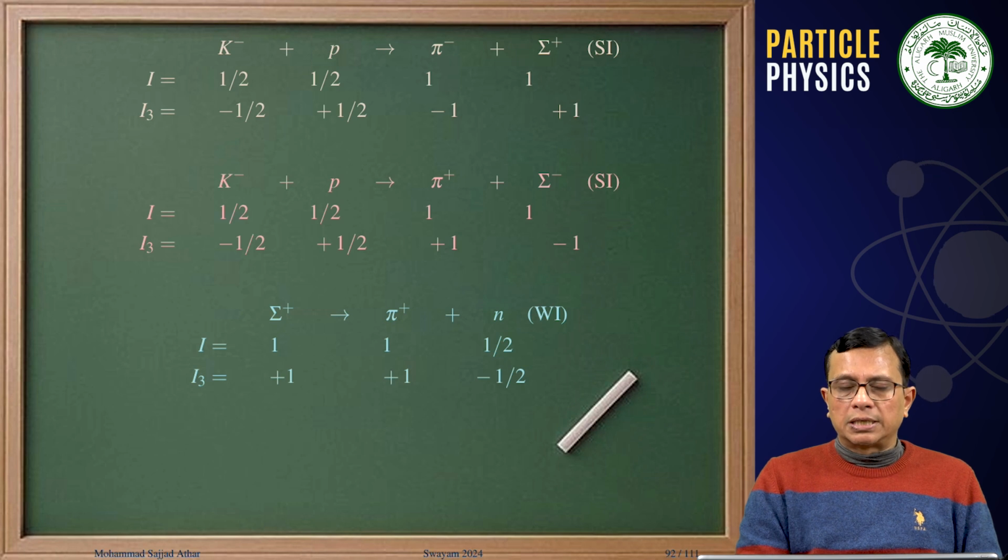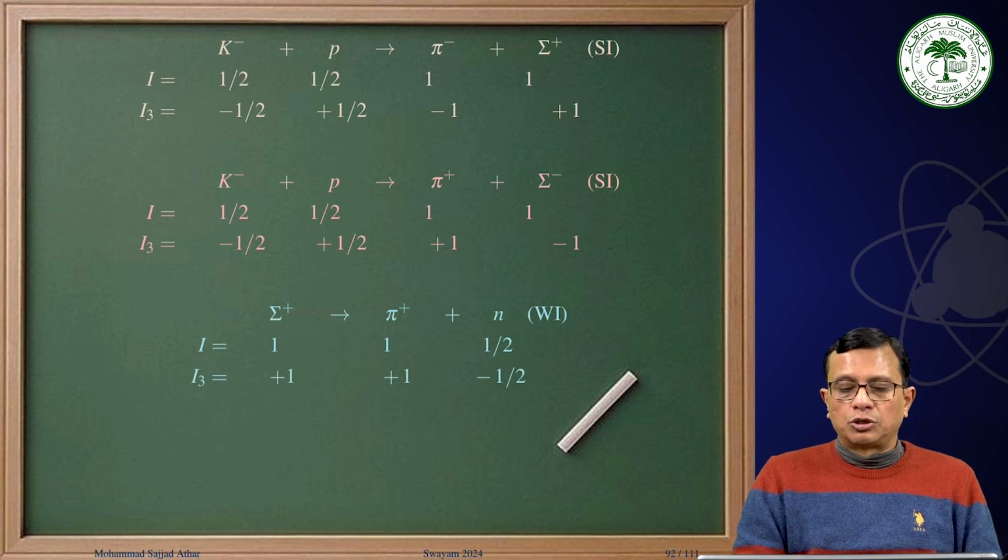As you can notice, here we are taking the example of sigma plus decaying into pi plus n. Sigma plus is a member of an isotriplet. Pi plus is also a member of an isotriplet, while the neutron is a member of an isodoublet. We are assigning I equal to 1 for sigma plus, 1 for pi plus, half for neutron, and then the maximum charge gets the highest projection: plus 1 for sigma plus, plus 1 for pi plus, and minus half for neutron.